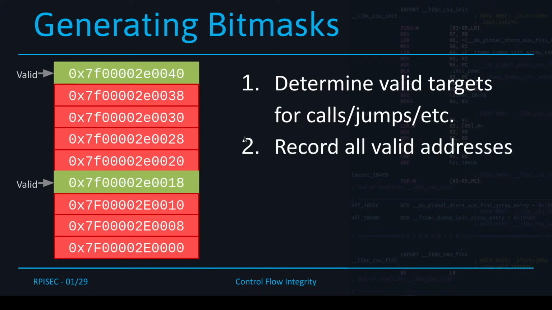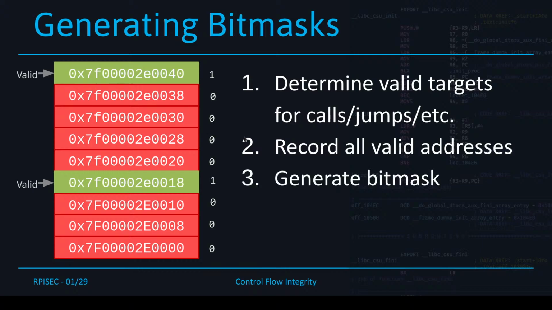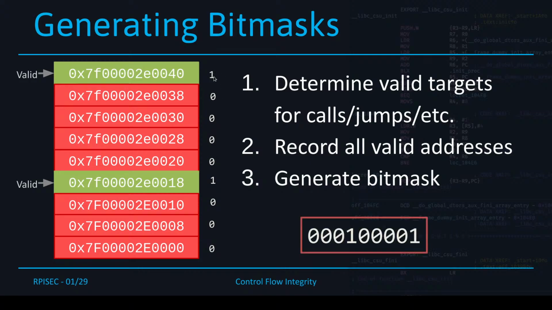And so we're going to record those valid addresses and mark them as a 1, and any invalid location is going to be a 0. Then we take all of that together, and we get this binary string of 1s and 0s, where we know index 0 here, or the highest index, is going to be 1 because that's a valid jump target, whereas the second one is not.